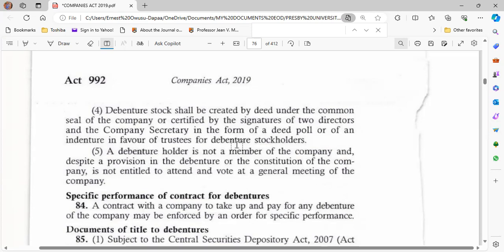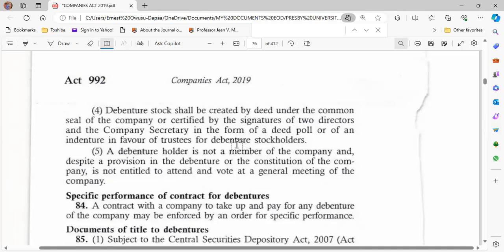But an important point which we need to underscore is that whereas a shareholder is a member of the company, a debenture holder is not a member of the company. So that is very important.